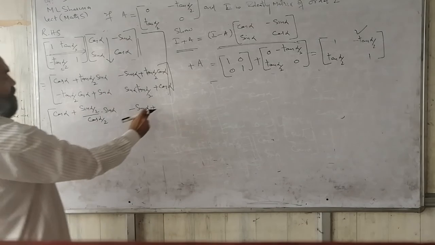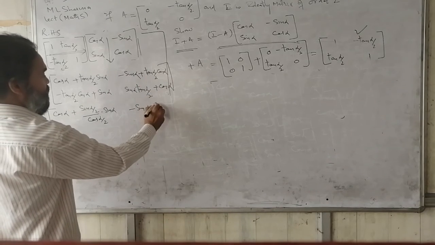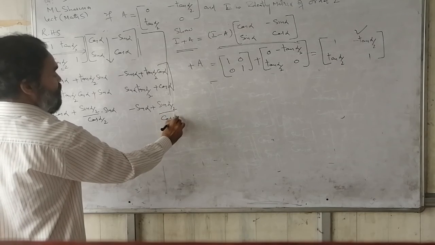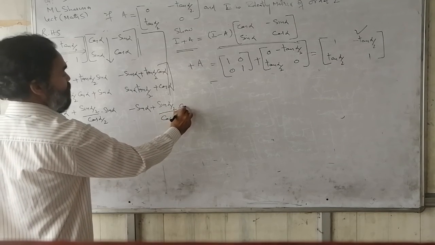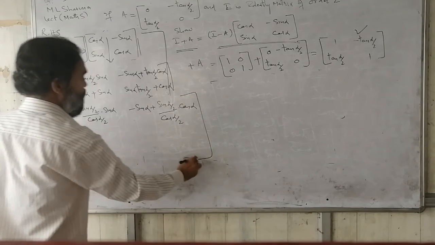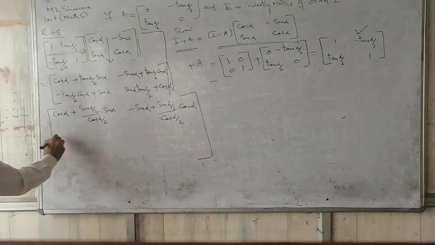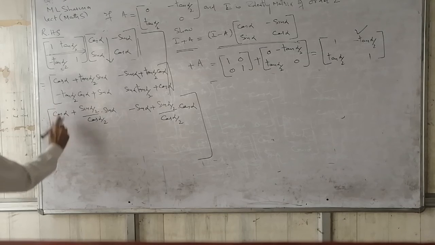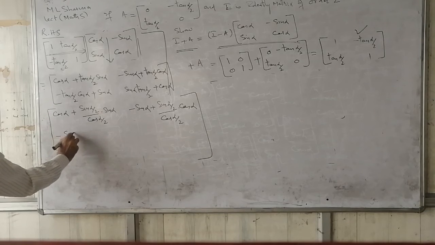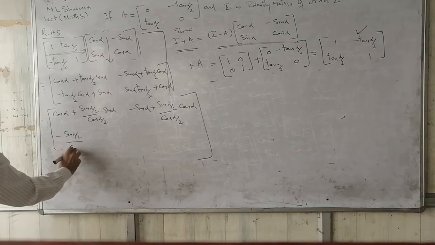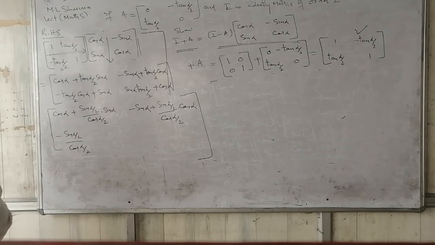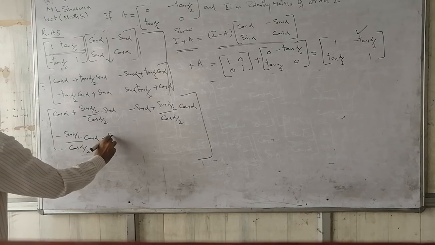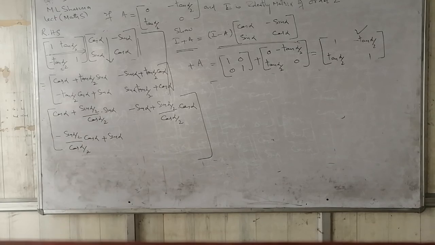Then this minus sin alpha, plus again here I can write sin alpha by 2 over cos alpha by 2 into cos alpha. So here also I can write minus, instead of tangent, sin alpha by 2 over cos alpha by 2 into cos alpha plus sin alpha.